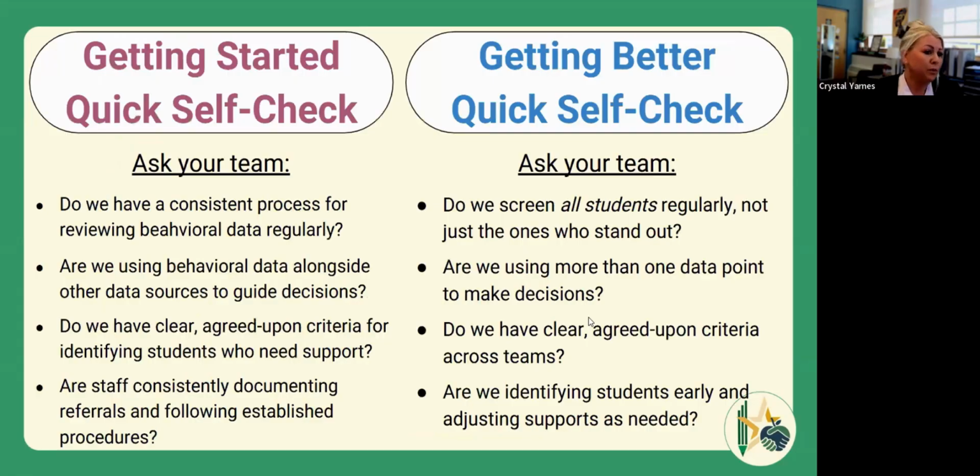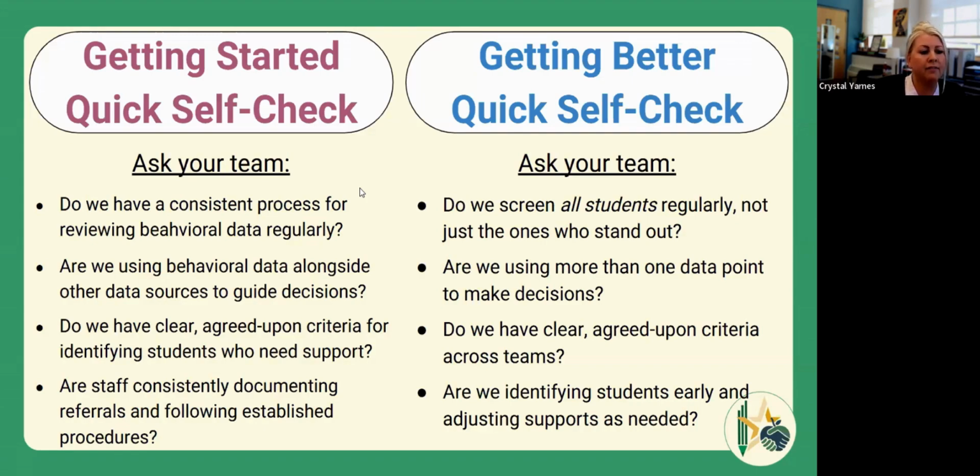So whatever building you may work at, elementary, middle, or high, I just put this together, whether you're getting started in this area or you're getting better in this area, really using this quick self-check to ask your team these questions. So if you're getting started, do you have a consistent process for reviewing behavior data regularly?